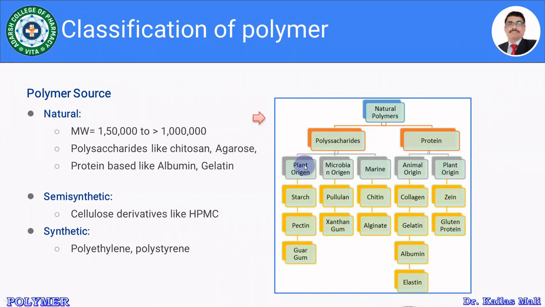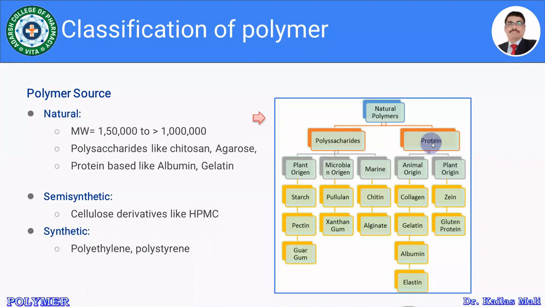Proteins are further classified into animal origin and plant origin. Examples of plant origin polysaccharides are starch, pectin, and guar gum. Microbial origin polysaccharides include pullulan and xanthan gum. Marine origin polysaccharides include chitin and alginate.